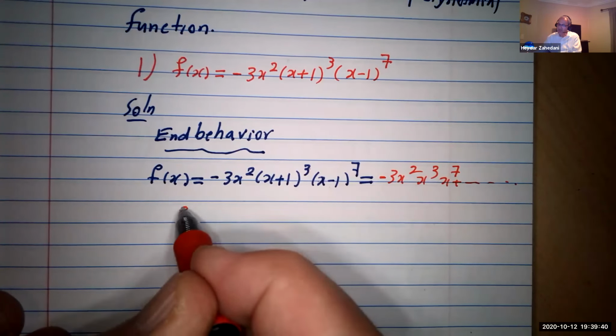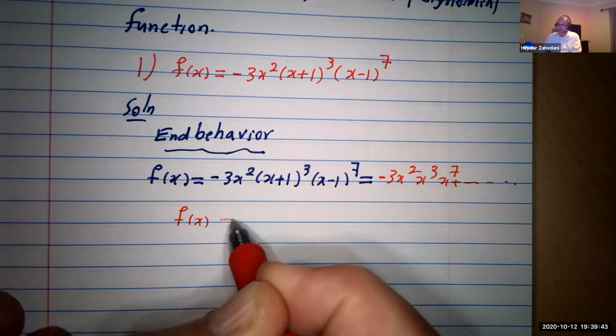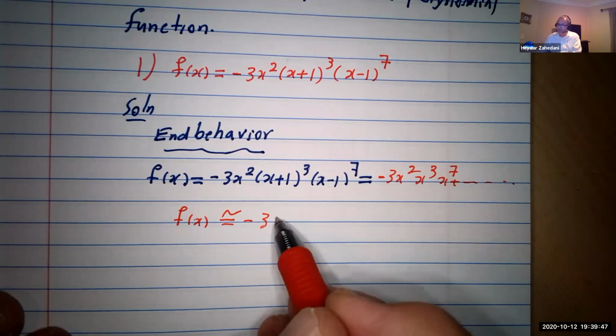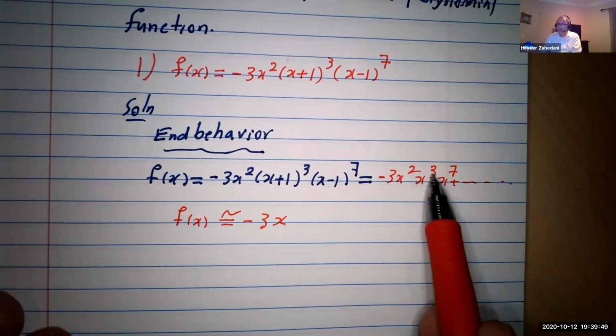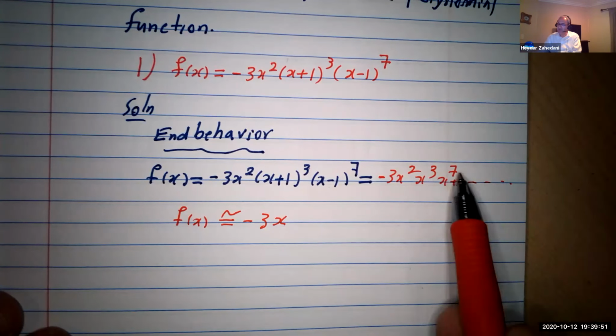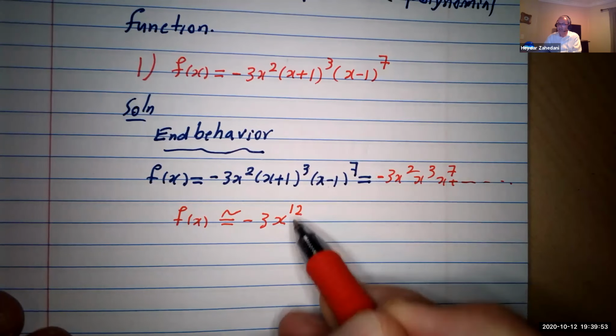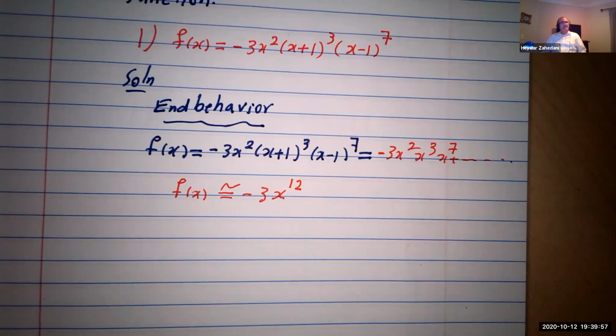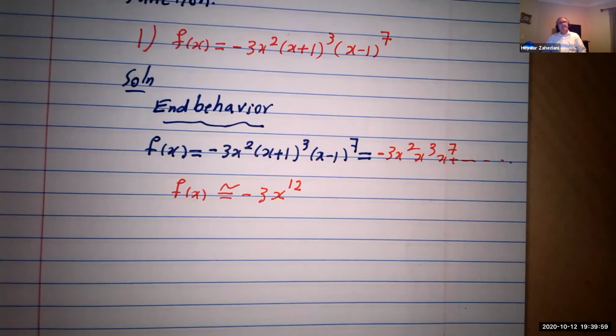So you shrink your function into its leading term: negative 3x to the, add the powers, 2 and 3 is 5, 5 and 7 is 12. Your function would behave like negative 3x to the 12.